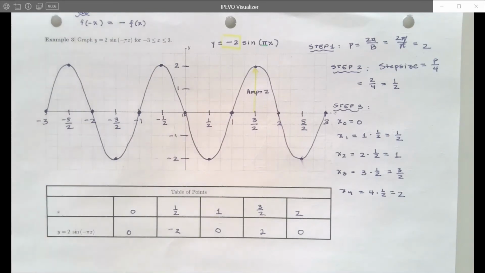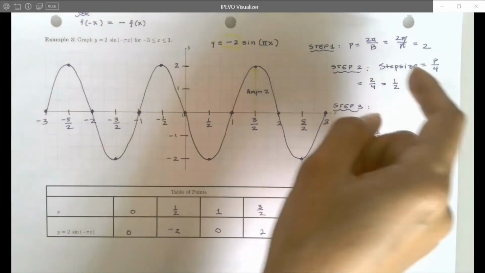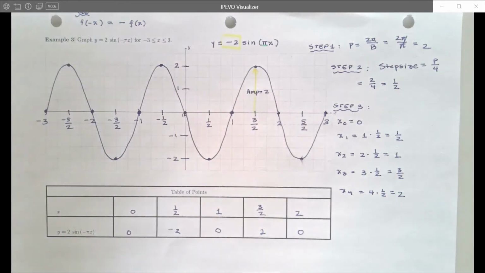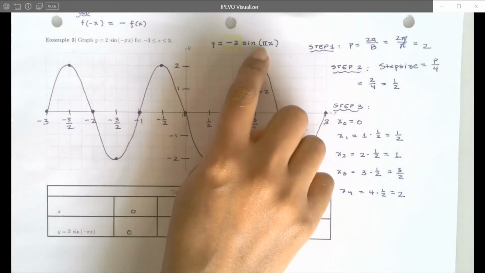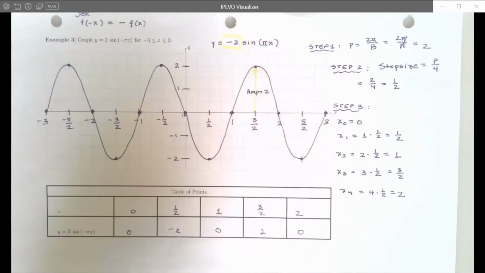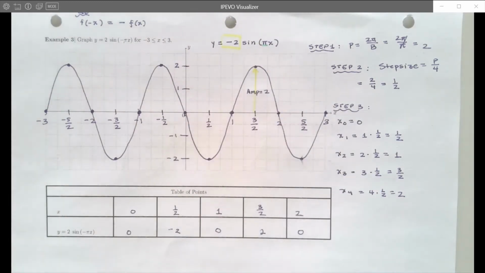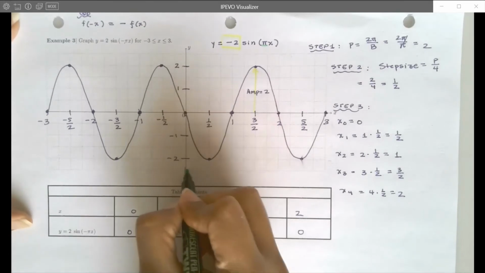All right, what about the period? Well, the period would originally be 2 pi, but because of the pi, we divided 2 pi by 2 to get a period of 2, and that's what we're seeing on the graph as well.